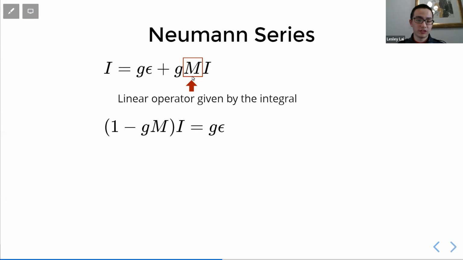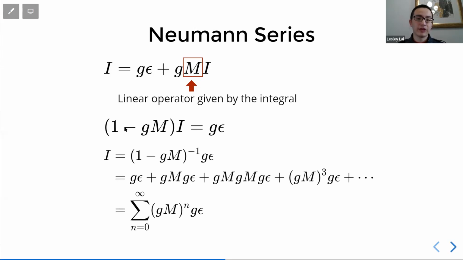Basically, we just move the GM I term to the left-hand side. And we can then divide this term to the right-hand side. Then certainly this form should look familiar, of 1 divided by 1 minus something.